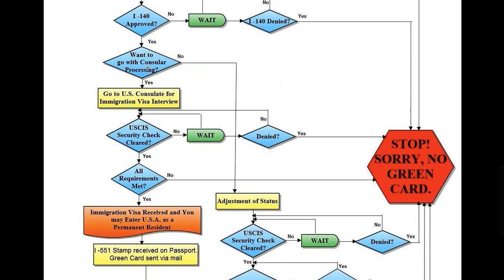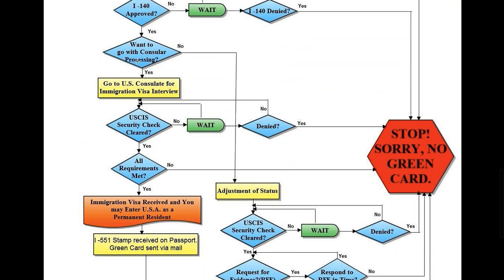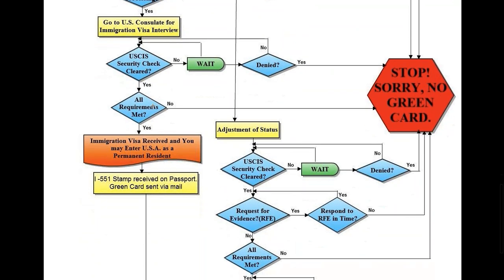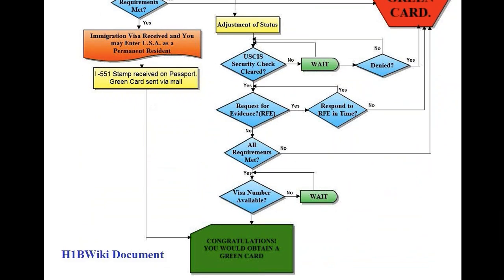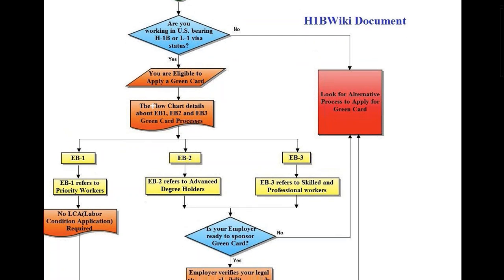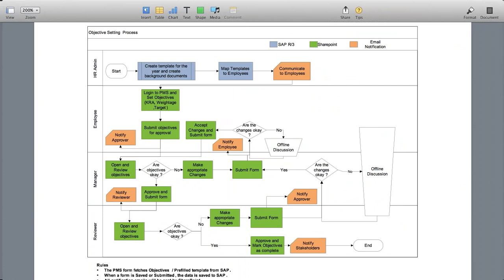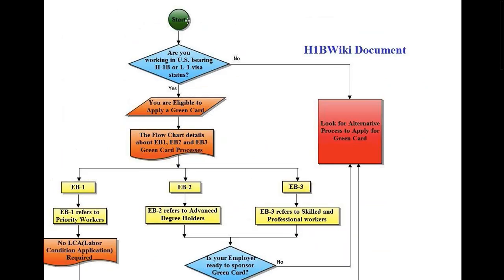And want to go with consular processing? You go to the US consulate, so this is a fourth actor. Understand? But are we talking about actors here? No, we are only concentrating on the process. But here we are talking about actors too. Correct? HR admin, this process. If I remove this HR admin, employee and all this, and put it this way, it looks the same, right?